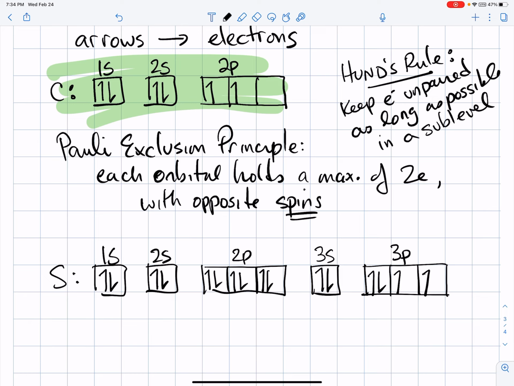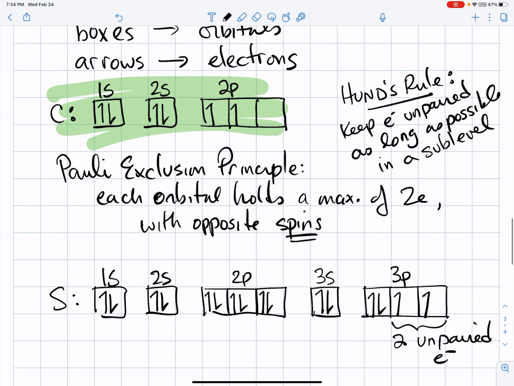All right, so 1, 2, 3, and then a 4th one. So notice in sulfur, we end up with 2 unpaired electrons. You should note that. There are 2 unpaired electrons. Looking back at carbon, up above, carbon also has 2 unpaired electrons.